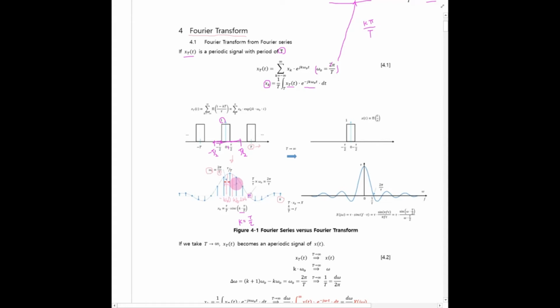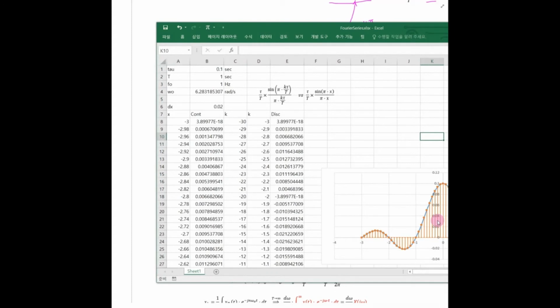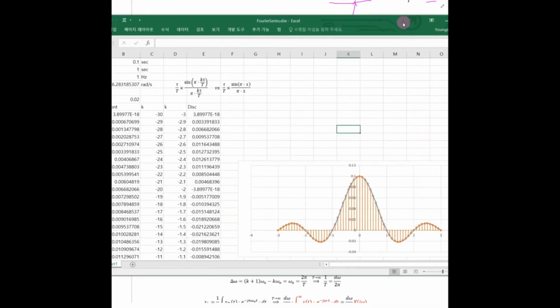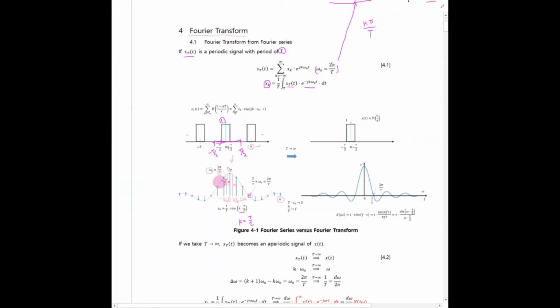If the period is enough larger, the spacing between each harmonic index gets narrower and narrower. As T increases, omega 0 goes down, so the frequency step is decreasing.